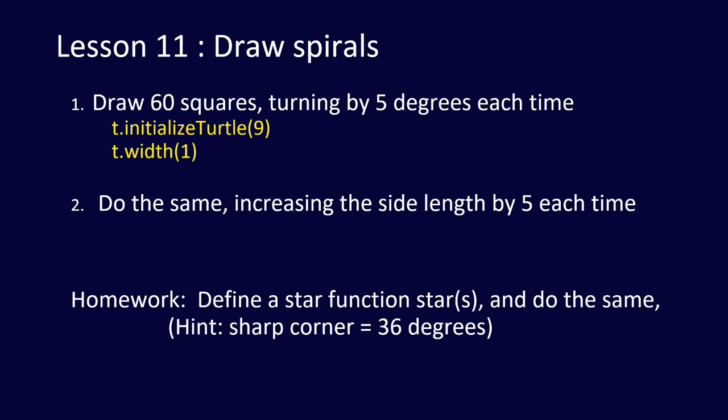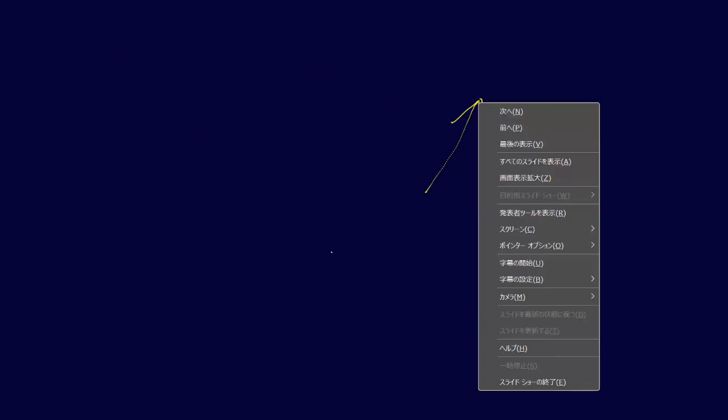Okay, homework: define a star function, star of s, and do the same. How can we define a function star s? Let's think about it. This is another interesting one. Usually we start upward, and then what is the angle to turn? Actually, what we want is like this, right?